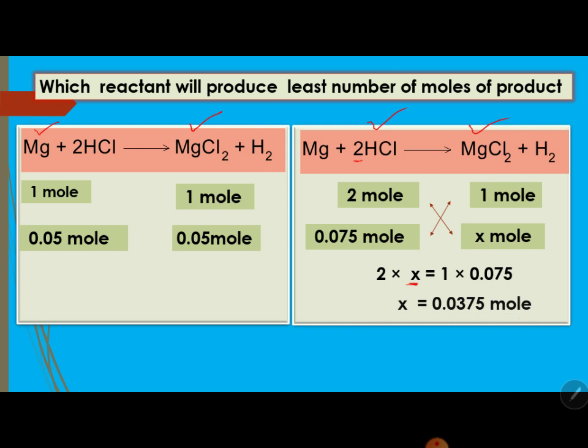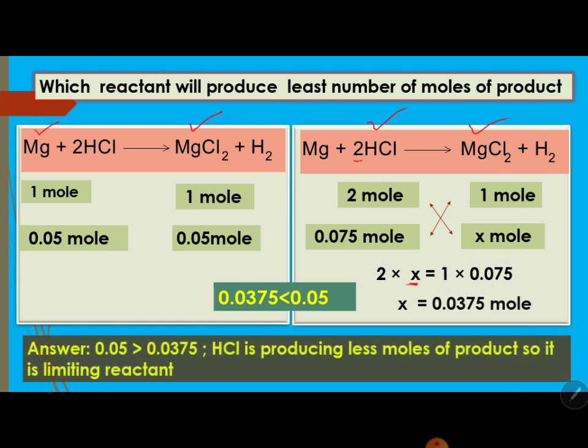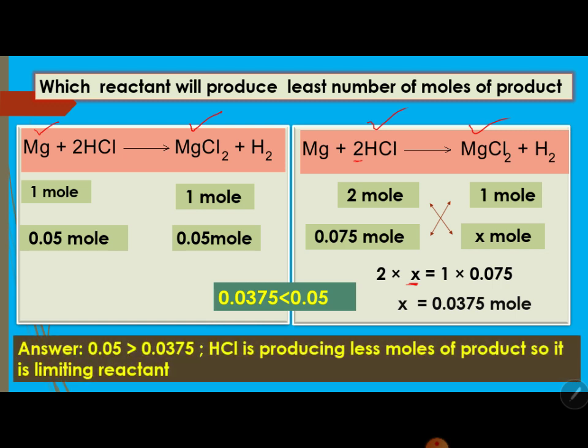By comparing these numbers, you can find that 0.0375 is a smaller number than 0.05. It means that HCl is producing a smaller number of moles of product, so it is the limiting reactant.